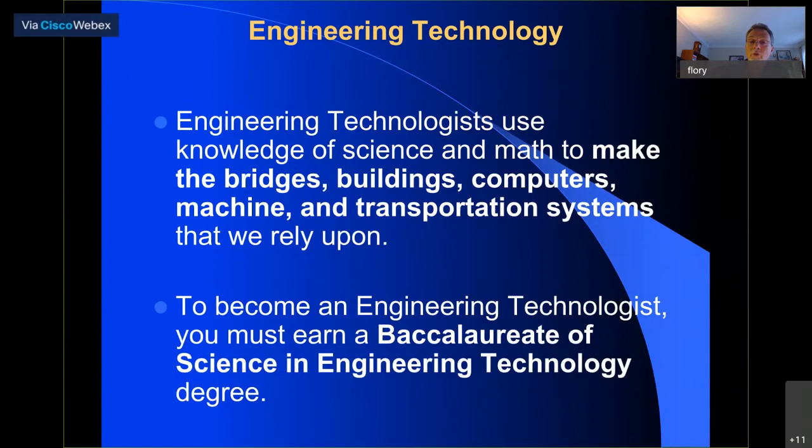There are 2-year degrees, all right, that can be built upon to attain the bachelor's degree, which is something that we certainly encourage. But you're really not considered in the engineering community an engineering technologist without the 4-year degree. Okay.